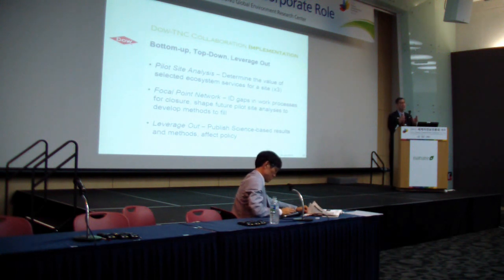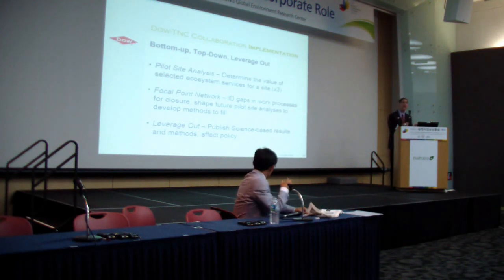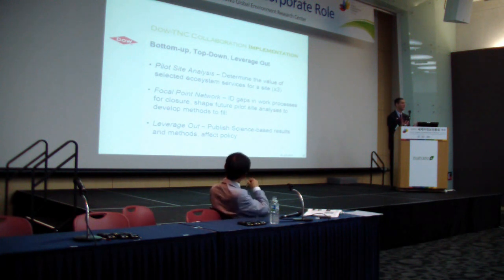We're selecting 3 pilot sites, which are locations at which the Dow Chemical Company has operations, and we're analyzing the impacts and the dependencies that we have on ecosystem services using tools like what Craig mentioned earlier, the Ecosystem Services Review, and looking at how we can value those ecosystem services on which we depend and on which we're impacting. 3 pilot sites, we've begun work at 2 already, and I'll get to that in just a moment.